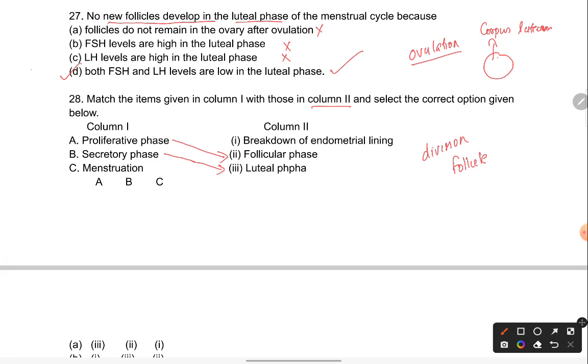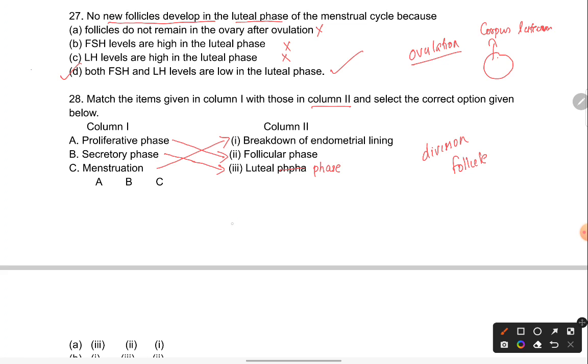That corpus luteum is formed in the luteal phase. Here the spelling is wrong, we can correct it. It is luteal phase. So the secretory phase is the luteal phase. And the last one, menstrual phase or menstruation, during that time the breaking down of the endometrial lining is taking place. So what may be the correct option?